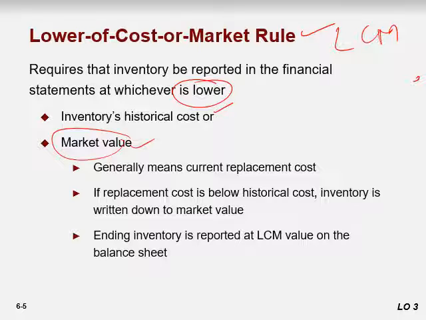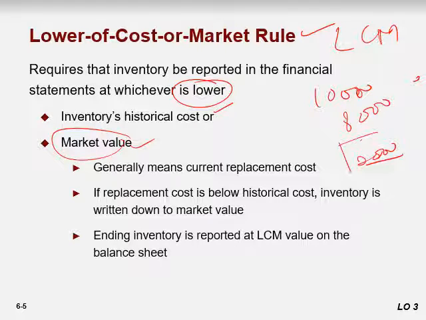For example, you purchased inventory last year and it is still in your hand, and the cost of the inventory was 10,000, but due to its expiry and all that, now it is worth 8,000, right? So 2,000 are lost.